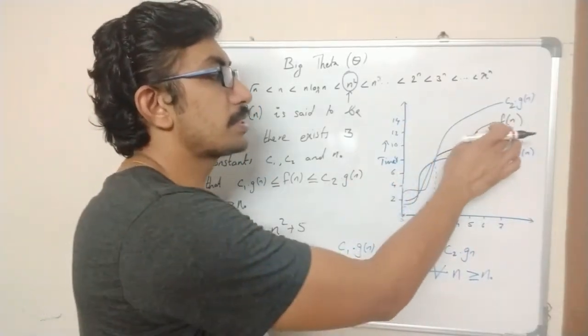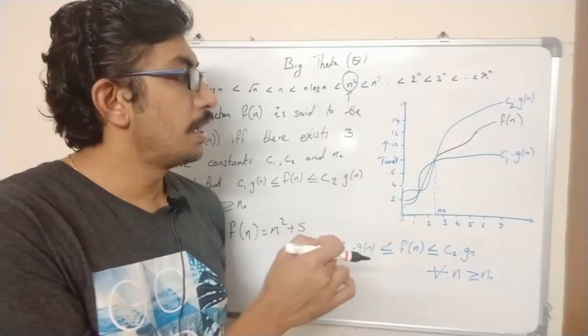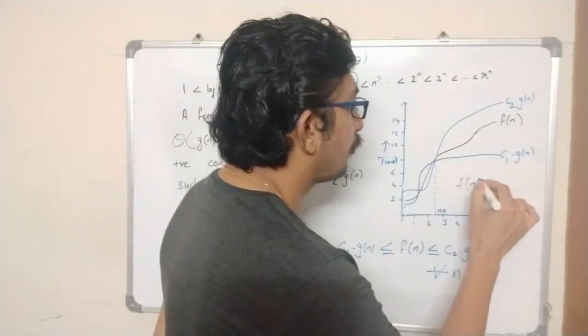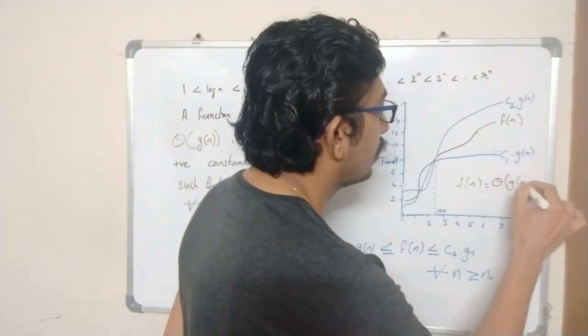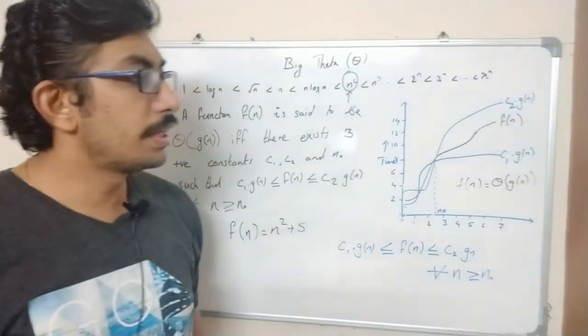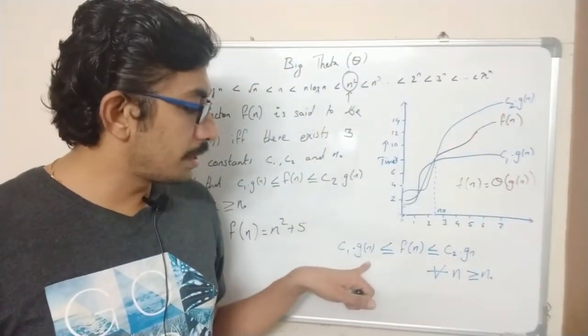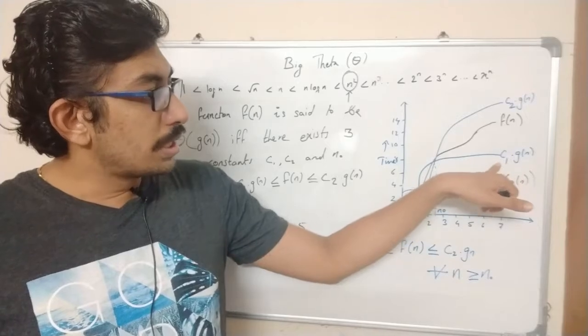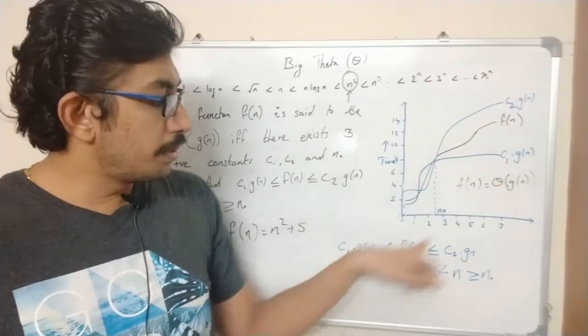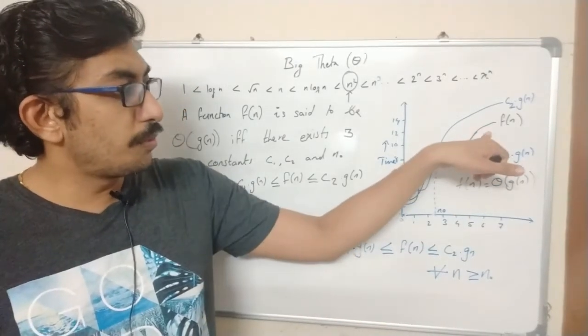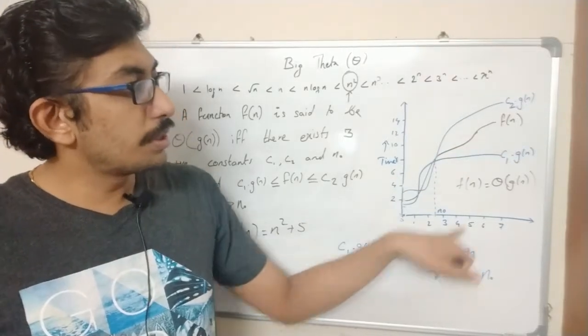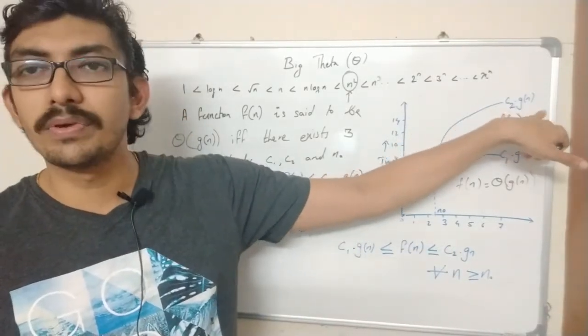Suppose we have a function f of n, and if we have to say f of n is theta of g of n, then it should satisfy this given condition. C1 into g of n should always be less than or equal to f of n, which is less than or equal to C2 into g of n.